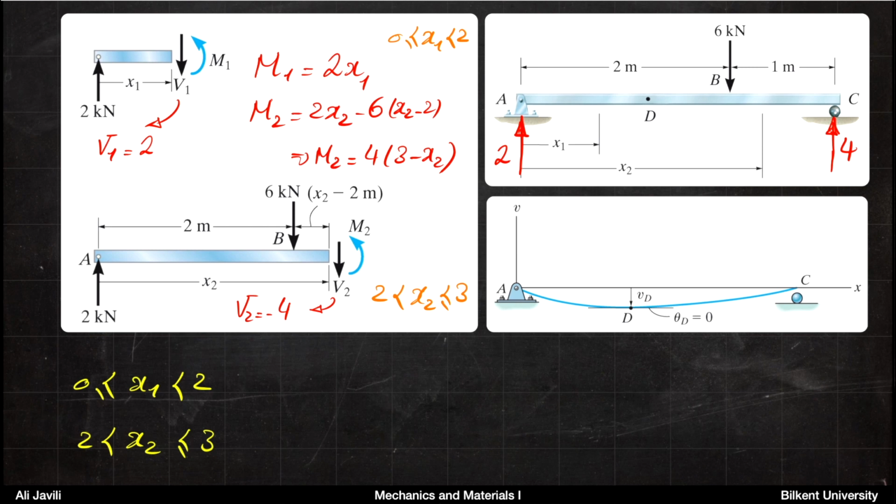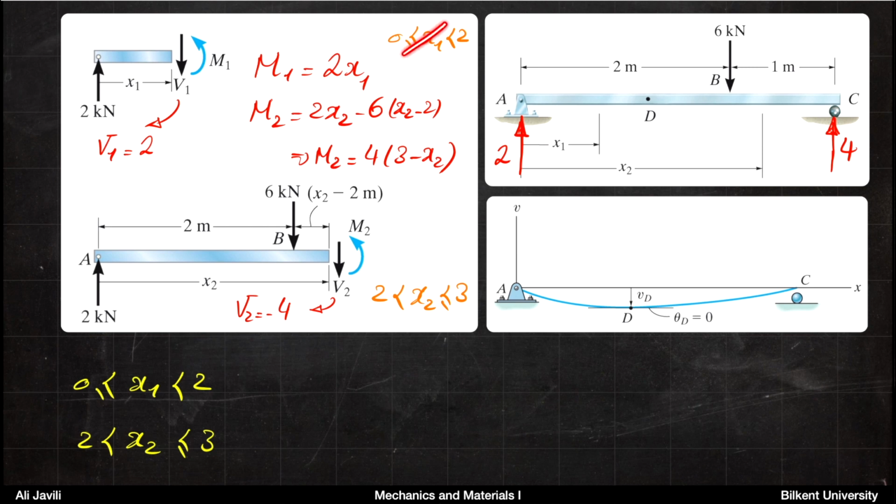So you may want to distribute the problem into two parts, or decompose the problem into two parts or two coordinates. For instance, we can imagine that we have a coordinate x1 that is only valid between A and B, and then we have the coordinate x2 which is only valid between B and C. That's what we want to do.